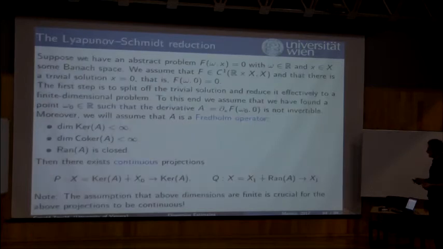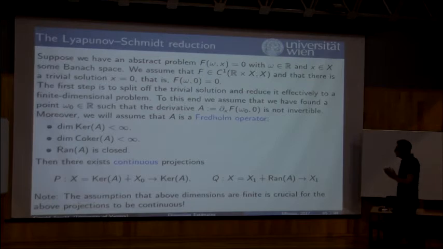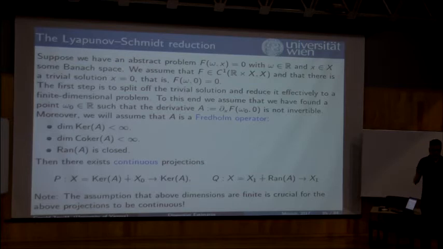Okay, so the procedure is a two-step procedure. The problem is, because of this trivial solution, we don't see anything in some sense, right? This is here, so we cannot apply the implicit function theorem, so somehow we need to split this off. That's the one thing. And the second thing is, we still would like to reduce everything to a simpler situation which is familiar to us.